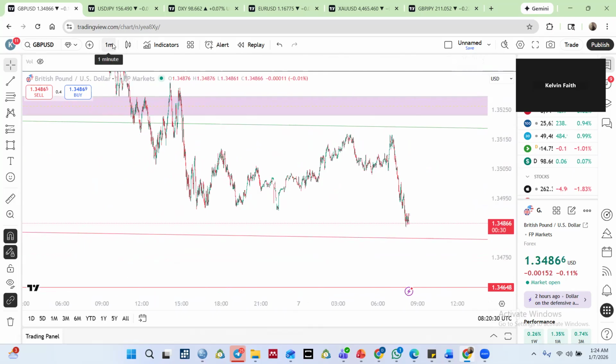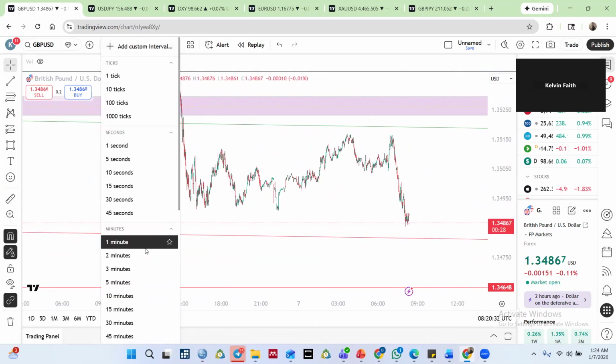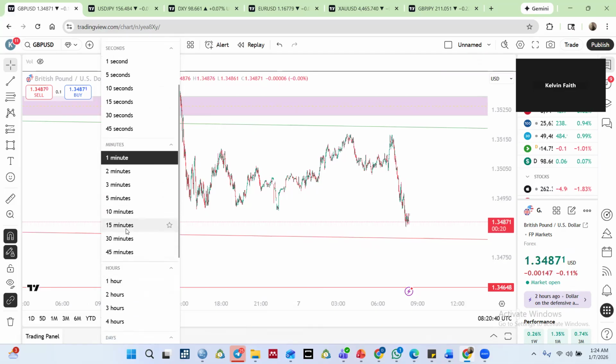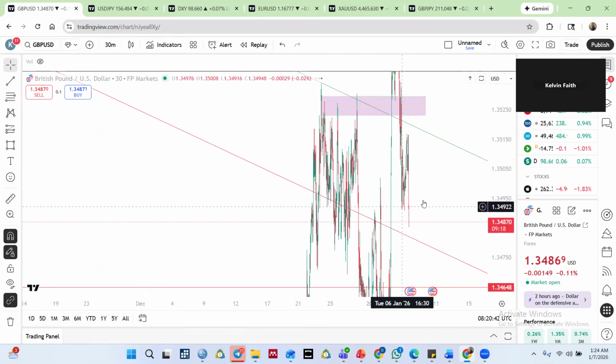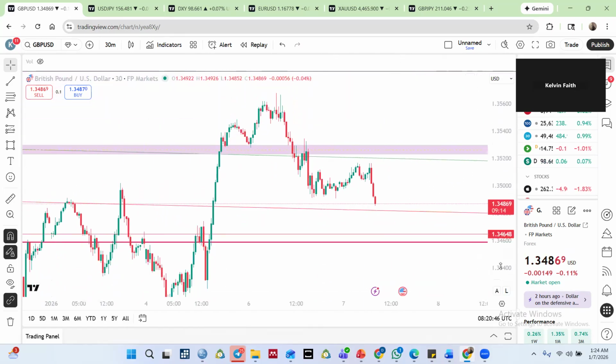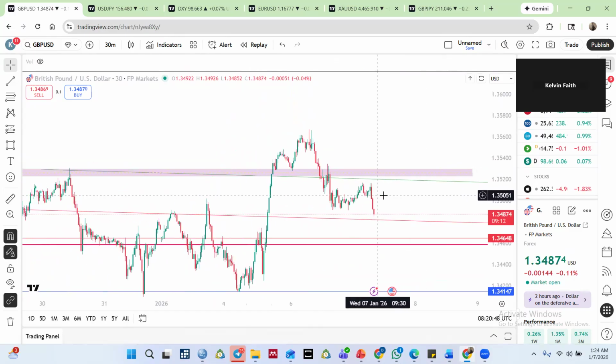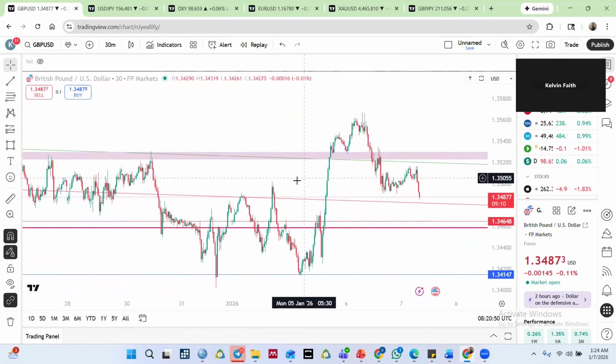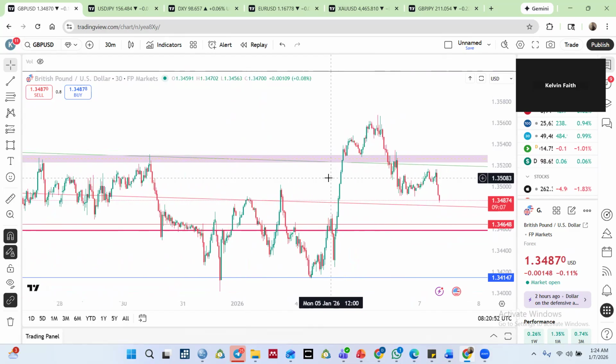So all the slower time frames are looking bearish. We need to see how the London session will kick in and how that reaction might play out.